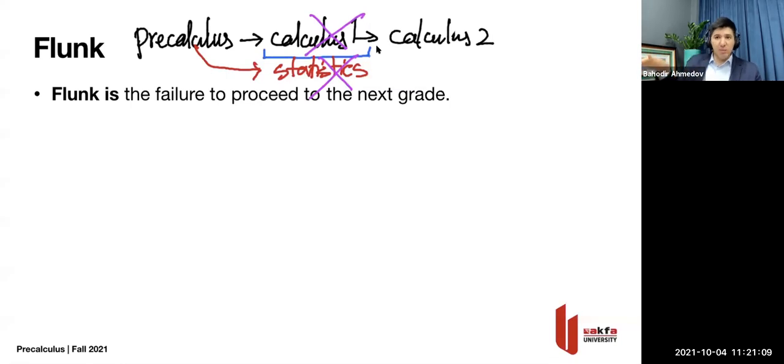Instead, you skip this, then come back next fall semester and retake pre-calculus with the new freshman students next year. You're going to come to all of the lectures, solve all of the assignments, the exercises and exams, and then you're going to get your grade again. Then you're going to be qualified to go to calculus 1. You need to retake calculus 1 with freshmen and so on.